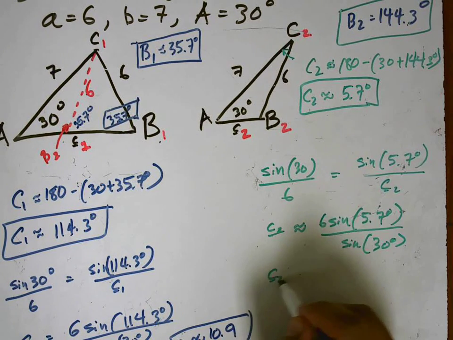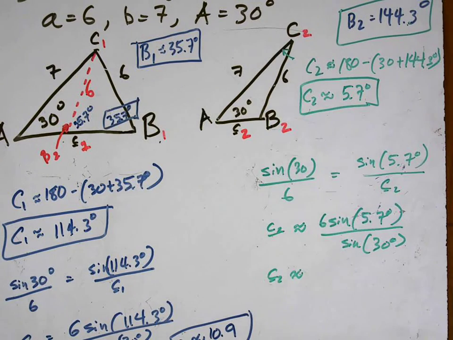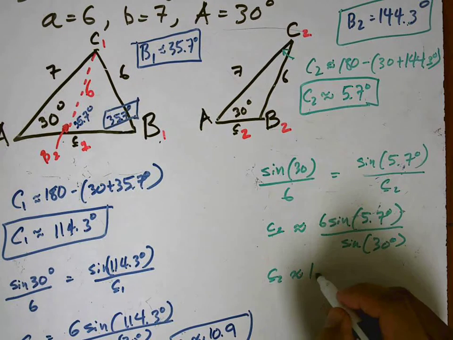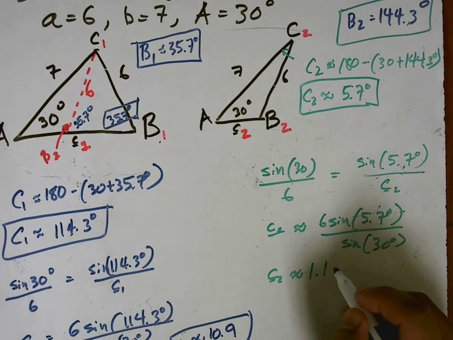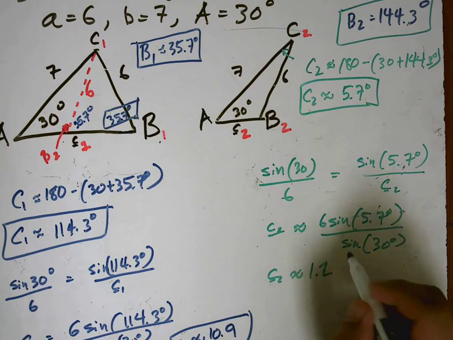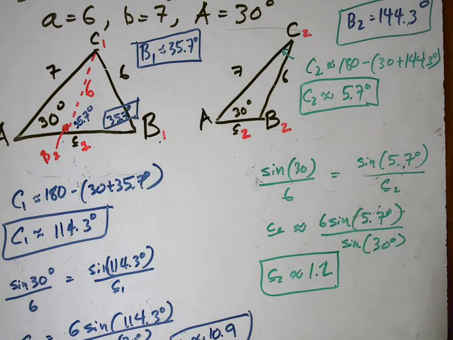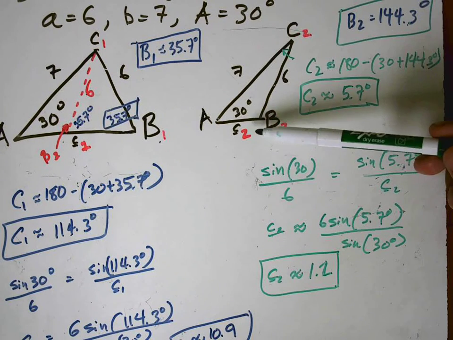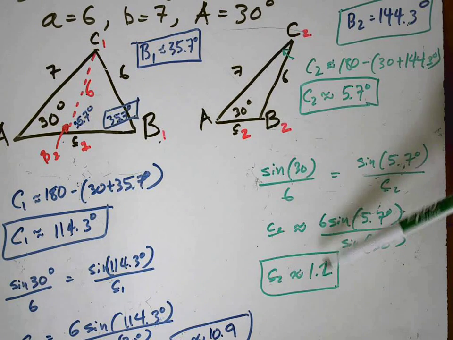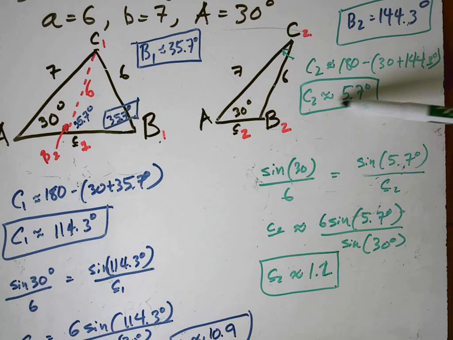So little c2 is approximately 1.1 or 1.2 units. Okay, and we have to do a sanity check here as well. You can see that little c2 is the smallest side by a lot, and the angle opposite that is also the smallest angle by quite a bit.